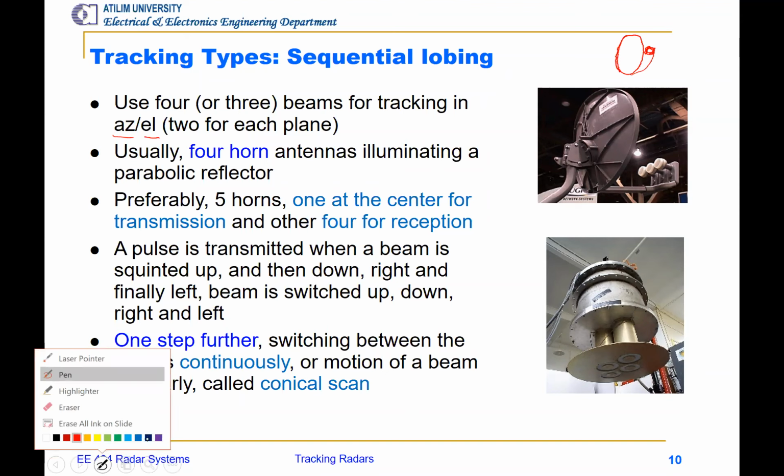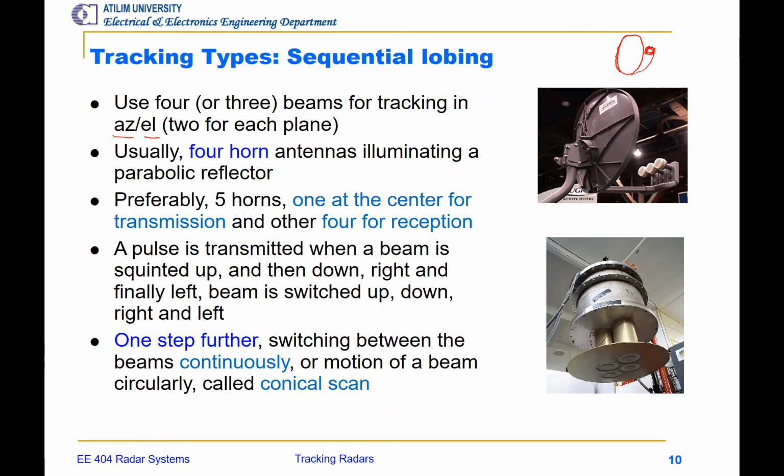So if there is a signal coming from space and hitting this parabolic antenna, it is then directed into this feeder, this horn.